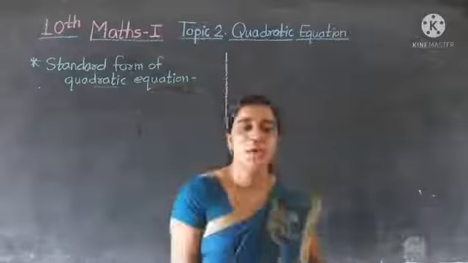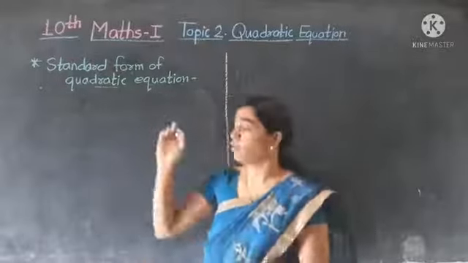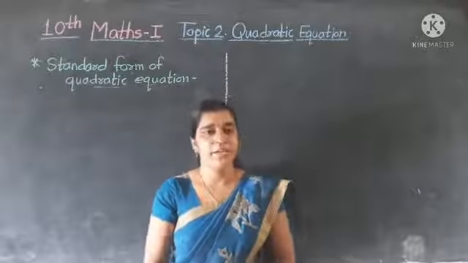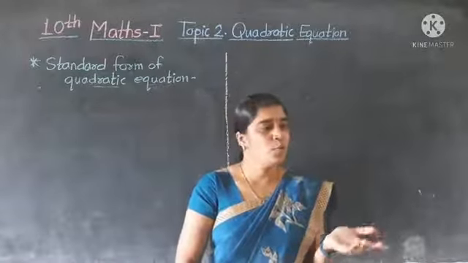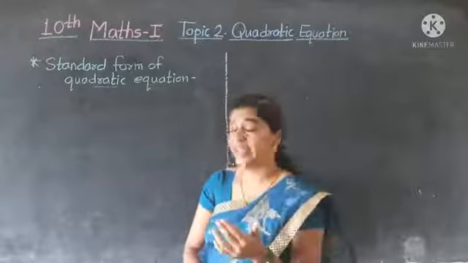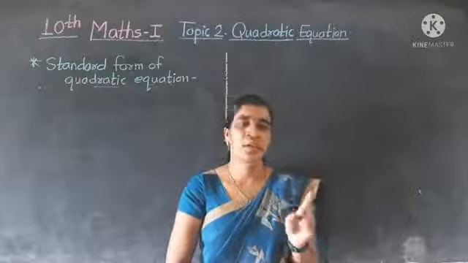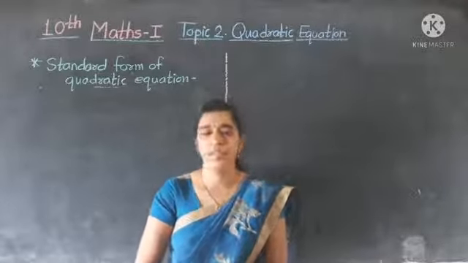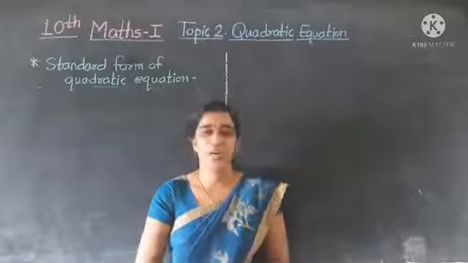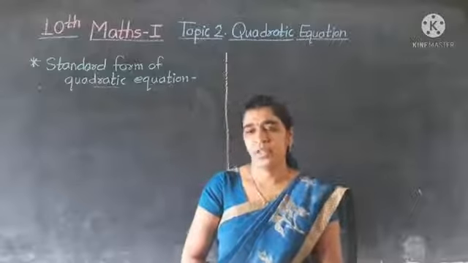Okay. Students, after writing the standard form of the quadratic equation, you may ask how to find whether it is a quadratic equation or not. I had told you, if its degree is 2 and it has only one variable, then we say that it is a quadratic equation.